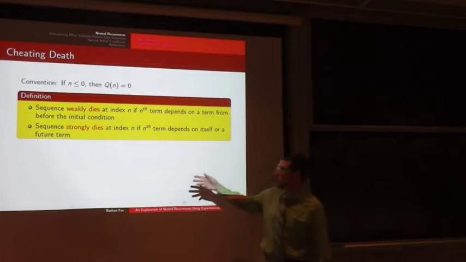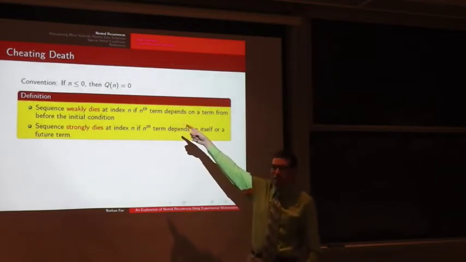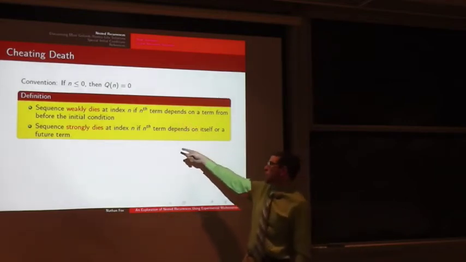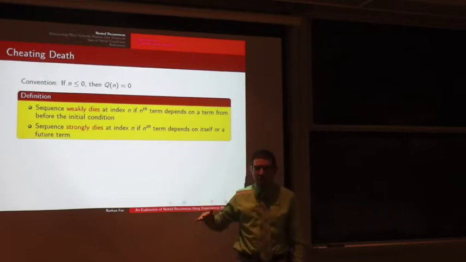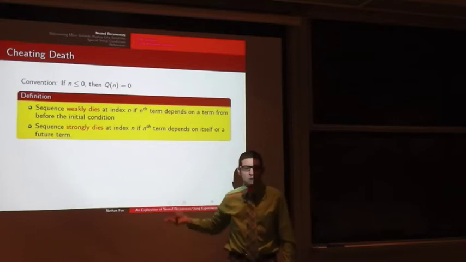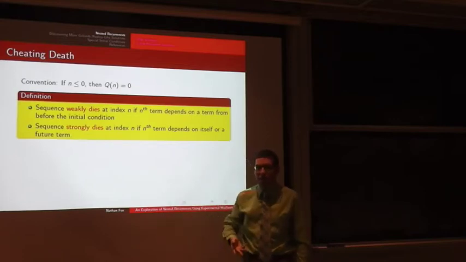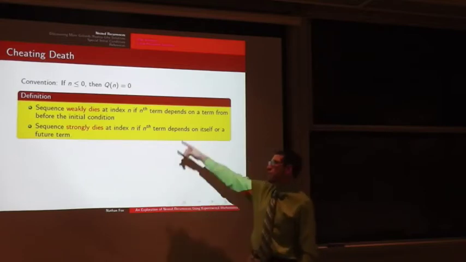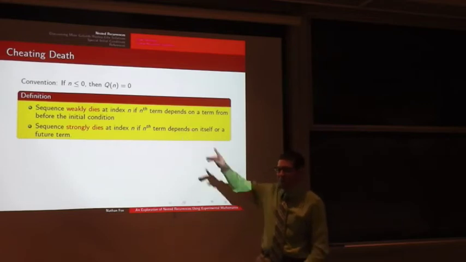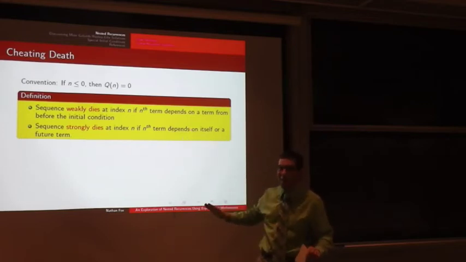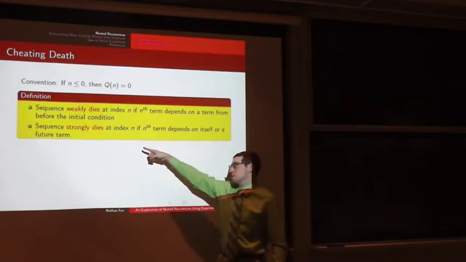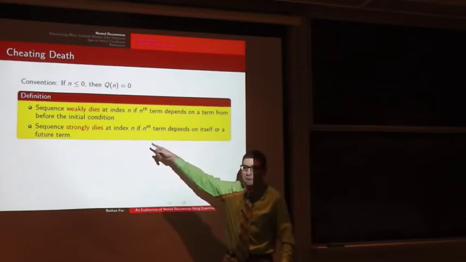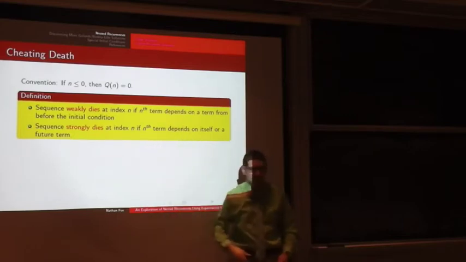But a sequence can still be finite, even with that convention. That would happen if you keep computing terms, and then Q(n−1) becomes, let's say, 0. Then you try to compute Q(n), and it depends on itself. That's not fixable, not even by this convention. Those sequences die no matter what you try to do. We use the term strongly dying for that. These are my terms. You won't find this elsewhere.